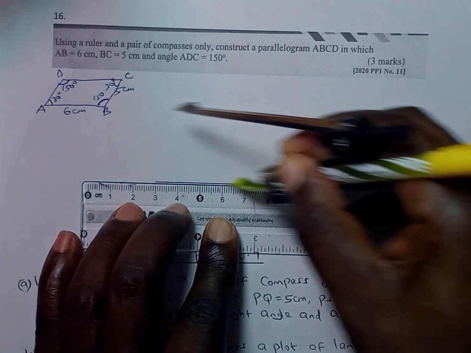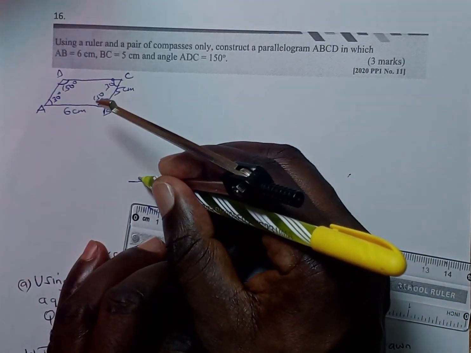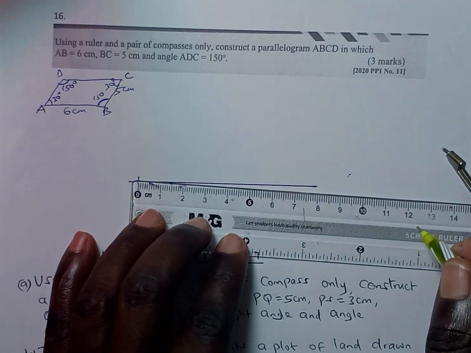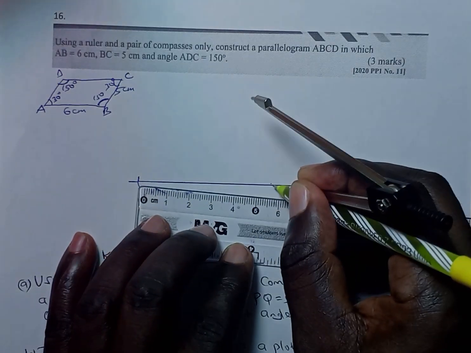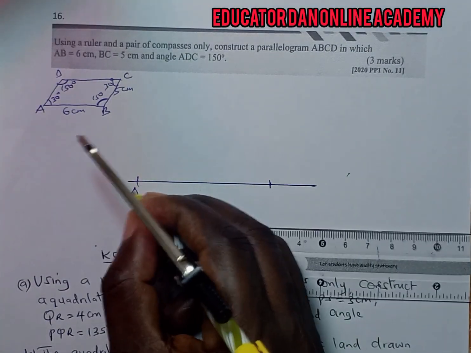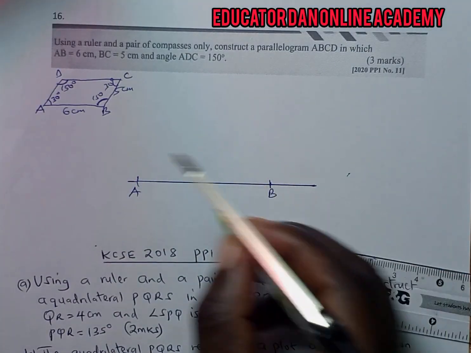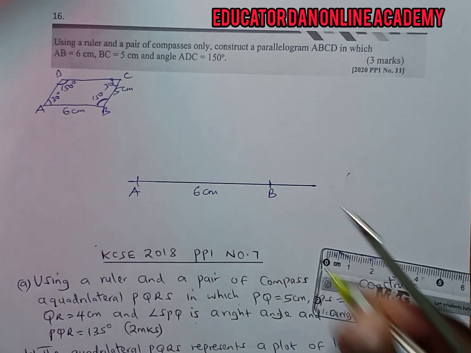We can simply draw a straight line, then use that straight line to measure 6 centimeters. 6 centimeters is at this point here, such that this is point A and this is B, and this one is going to be 6 centimeters.